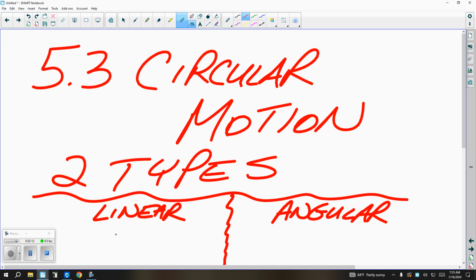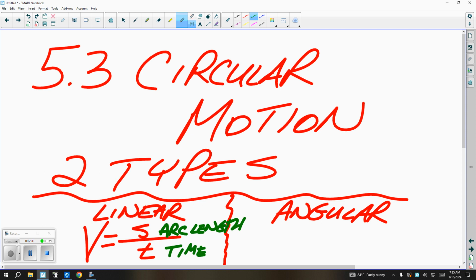Okay, there's two equations. This one is V equals S over T for linear. Remember we learned last week that S is arc length, and T is time.